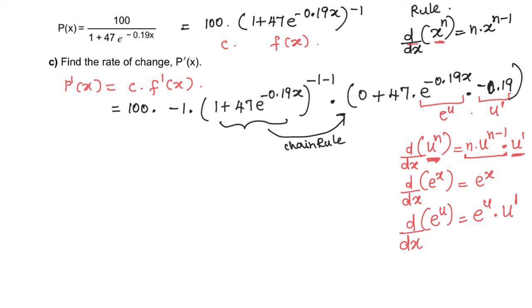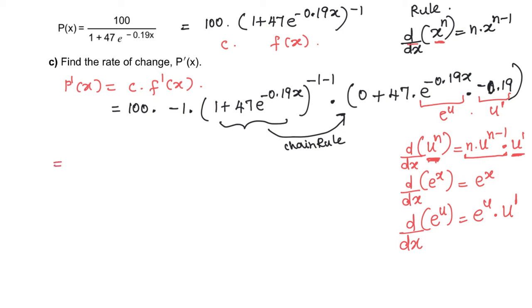Applying this rule, e power stays the same, then multiply by the derivative of whatever is in the exponent. Now this will have a negative exponent, negative 2, so move this whole term to the denominator so that the exponent will be positive.